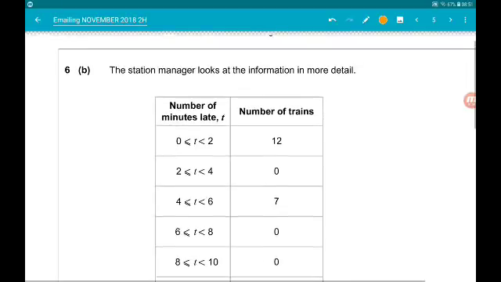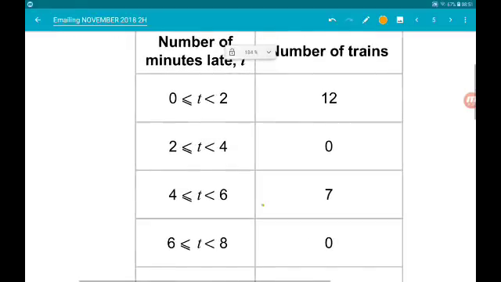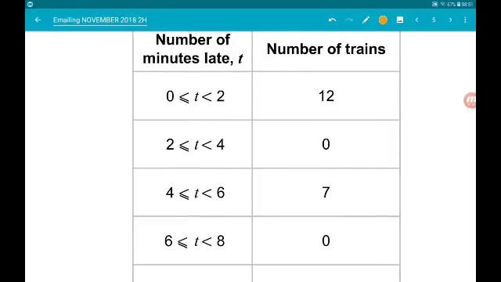Then for part B, the station manager looks at the information in more detail. He has broken the intervals into smaller ones. We had intervals of 5, he has intervals of 2.